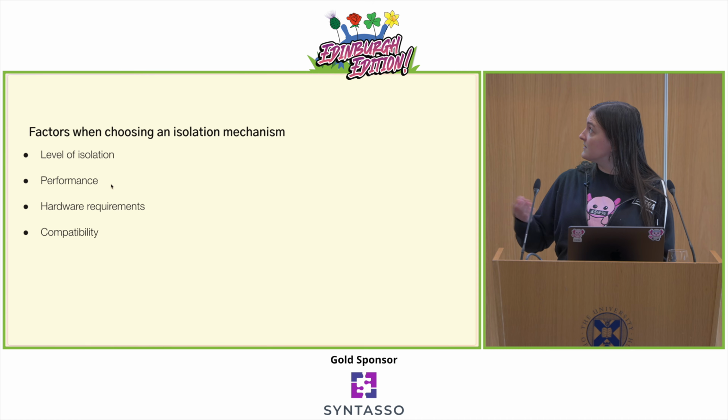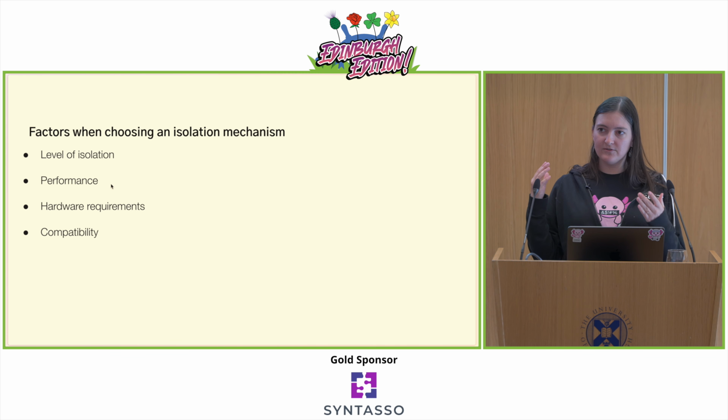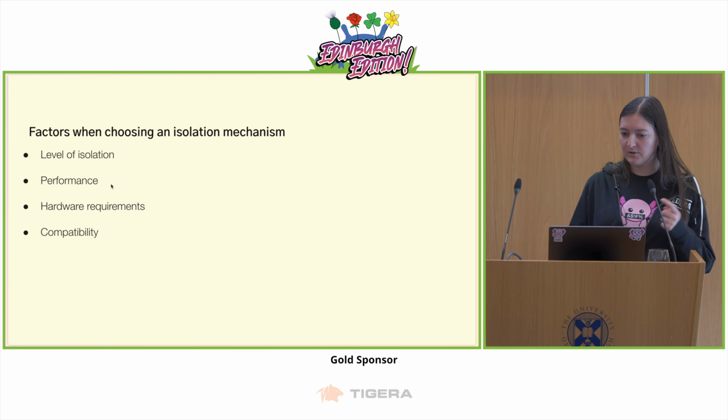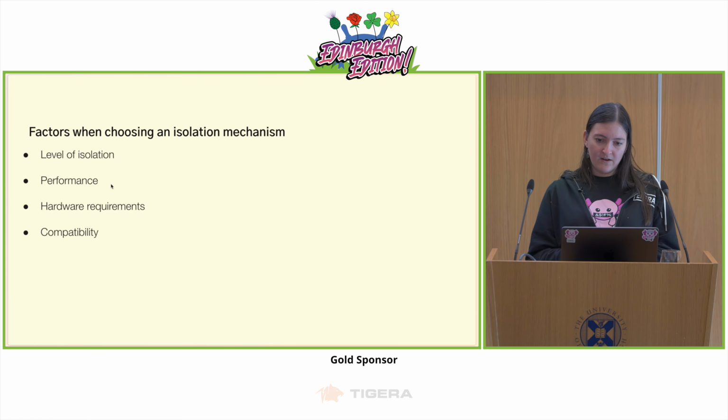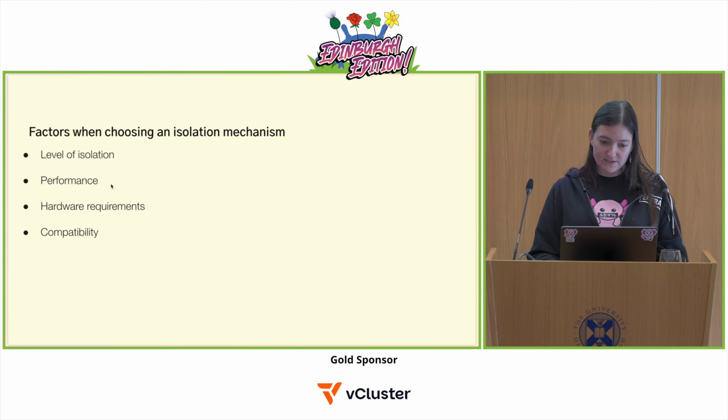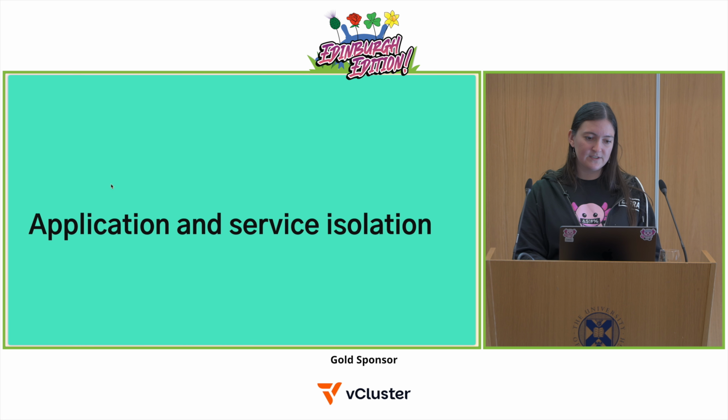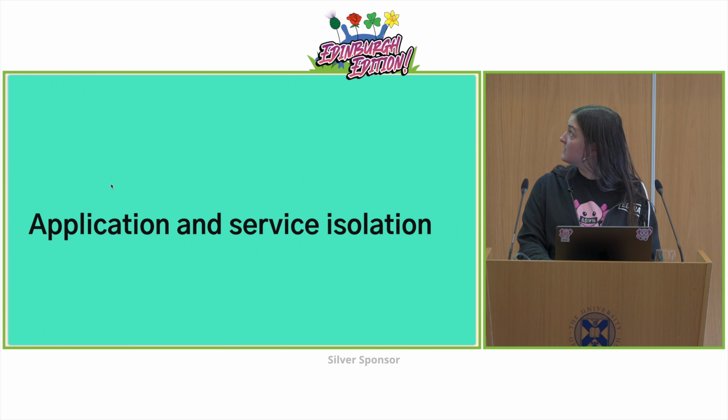All of these different things can be important depending on your exact application: how sensitive is it, how performant does it need to be, where does it need to run, all that kind of stuff. So let's get specific. First, we'll go into more technologies in the application and service isolation space.